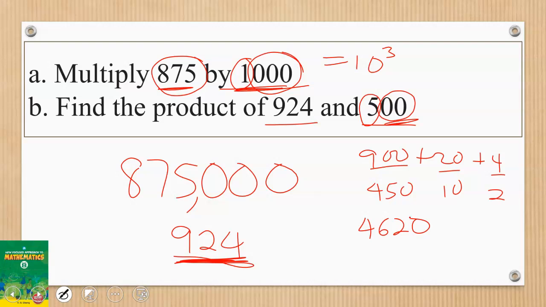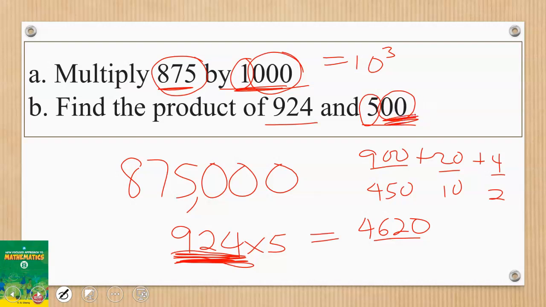Now, what it means is that this number times 5 is equal to 4,620. And again, what I did was that I just divided this number by 2 and attached 0. And that is how we multiply any number by 5 in a very short way, or in the easiest way.